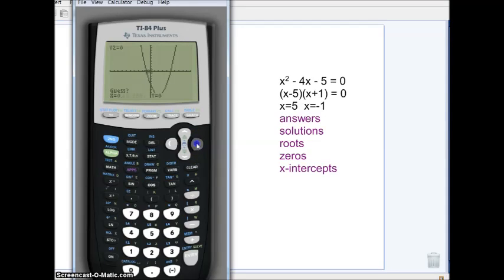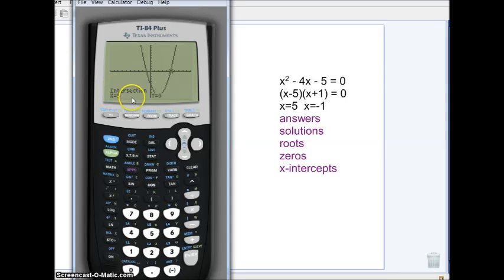So I'm going to press arrow to the right until I get to my other point of intersection somewhere here, I'm guessing. And then when you press enter, whatever we expected, we can now see on the screen. Yes, it worked. X equals 5 is our second x-intercept. It's our second zero, root, solution or answer.